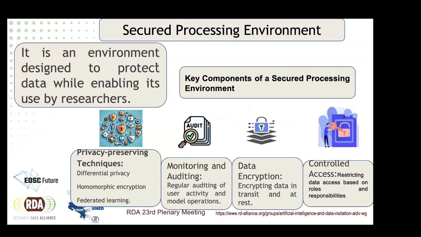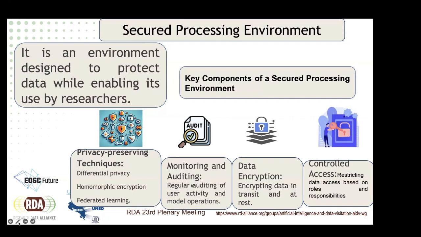So the secure processing environment is an environment designed to protect data while enabling its use by researchers. Looking at all we have said about the challenges, we are also looking at the possibility of having a secure processing environment where researchers can view different resources that are being placed there without being attacked, those challenges being taken care of.